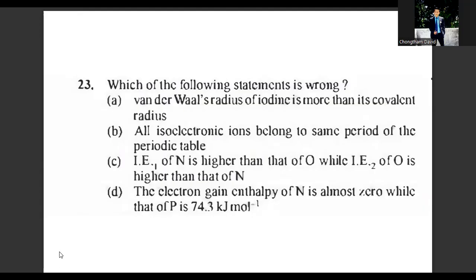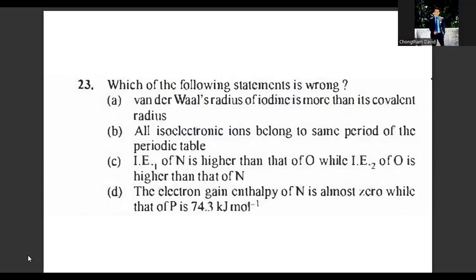So in the isoelectronic species, all the isoelectronic ions belong to the same period and cations to the next period. So this would be the answer B. This is not the correct statement. The question is asking to find the wrong statement. How can this be true, right?